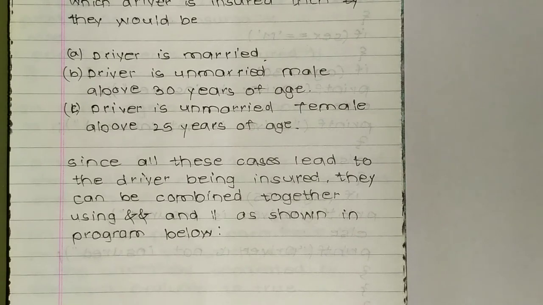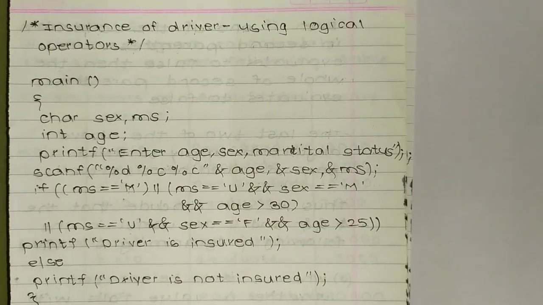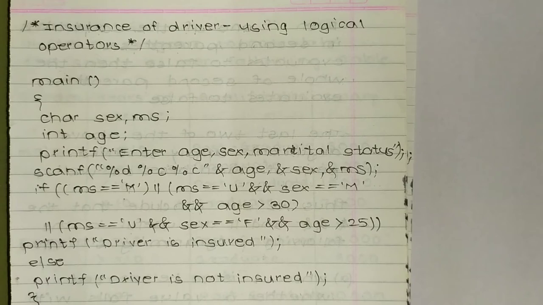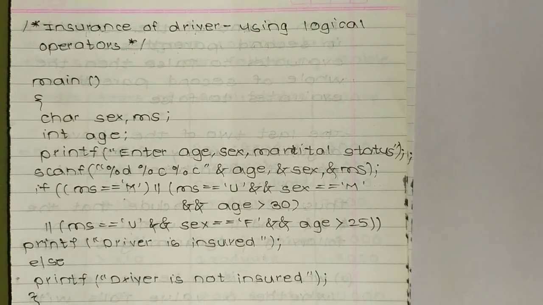We will do the same example as 2.5 with logical operators, and we will understand the differences. The first line is main, which is compulsory, then char sex, ms, and int age. So age is an integer, and sex and ms are characters. Now we have defined that.